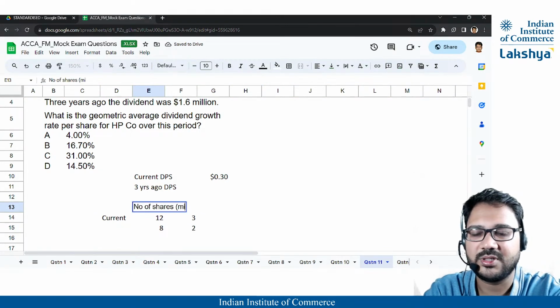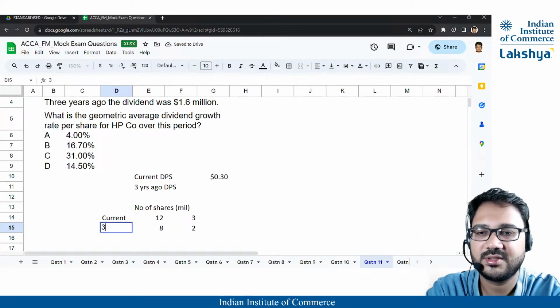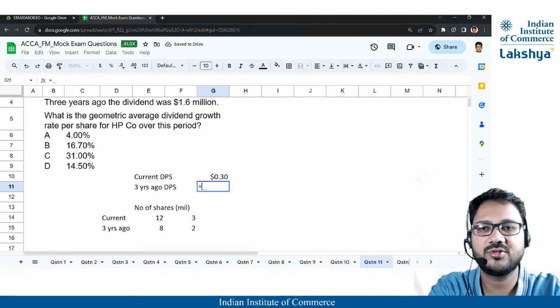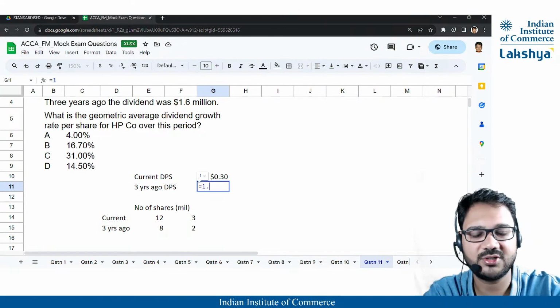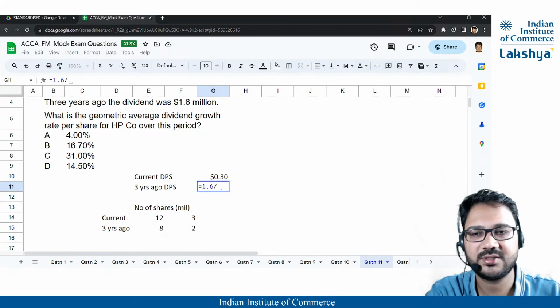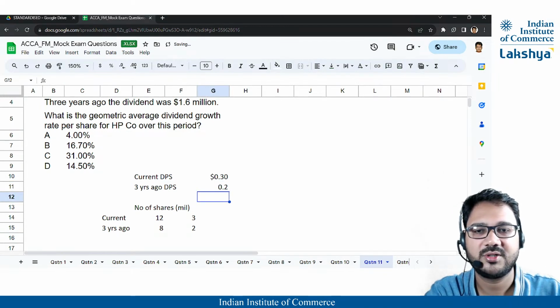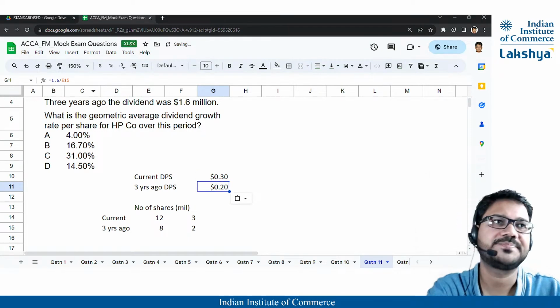This is in millions. This is current, and this is 3 years ago. So the dividend 3 years ago is $1.6 million. So 1.6 divided by 8 million is $0.2, or 20 cents.